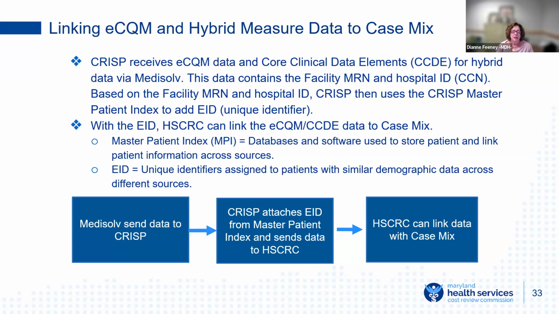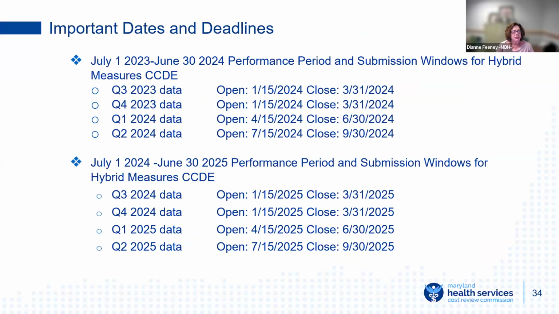And we at HSCRC believe that fairness is extremely important, particularly when you're talking about potentially linking to pay for performance as we go down the road in a couple of years. We can go to the next slide. I'm not going to read these, but here are the submission windows for each quarter for 2023 and 2024.